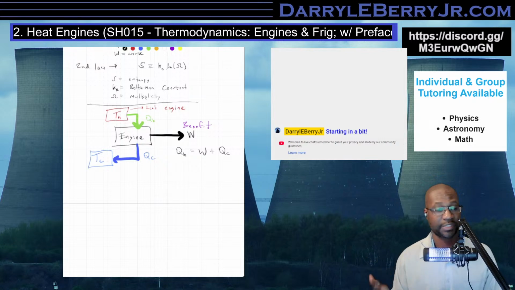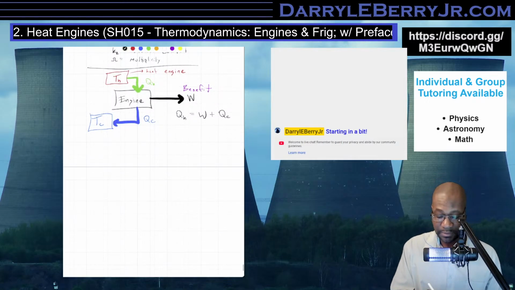And there's a certain efficiency that goes with this. Like, only so much heat is going to be transferred into so much work. Some work is going to be lost along the way. But we can pretty much codify that the benefit is the work and the cost is the heat that's coming from outside.